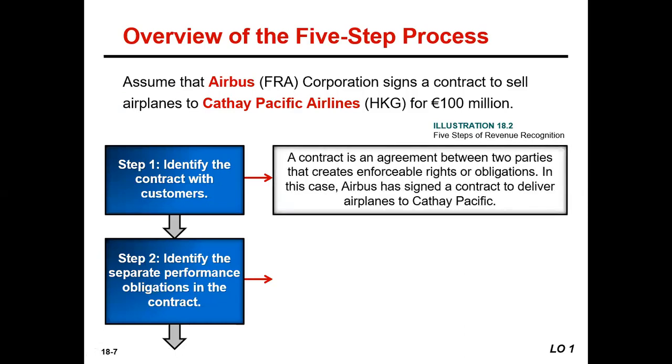A contract is an agreement between two parties that creates enforceable rights or obligations. In this case, Airbus has signed a contract to deliver airplanes to Cathay Pacific. So that's one of the largest airlines in Hong Kong.